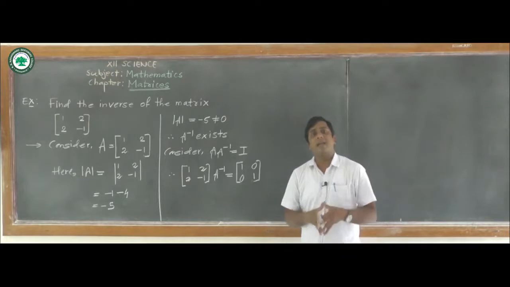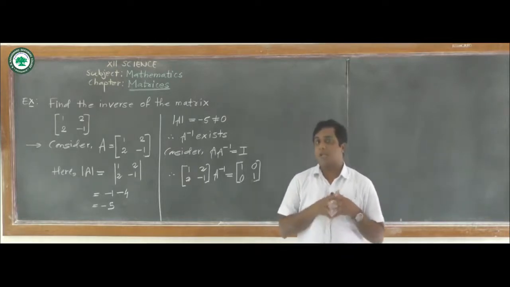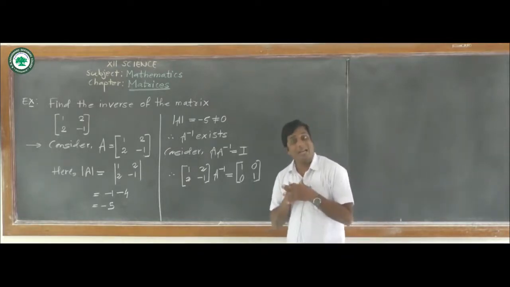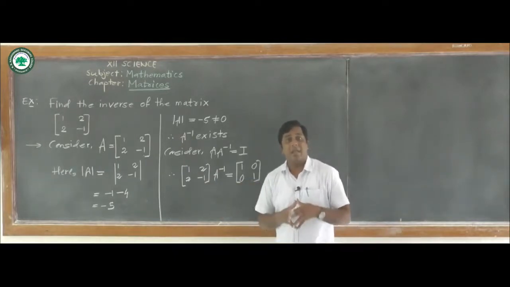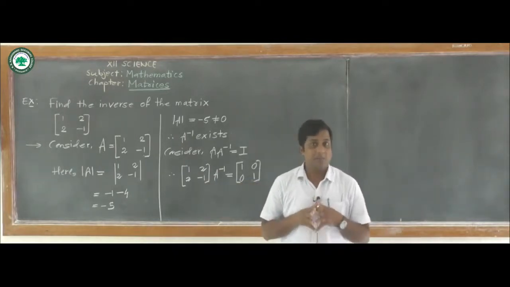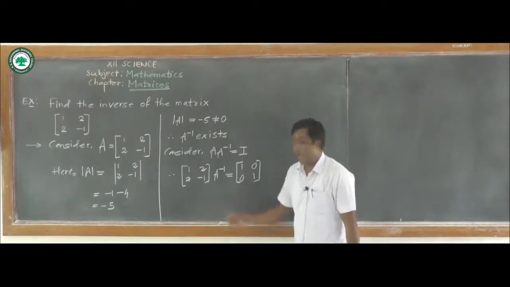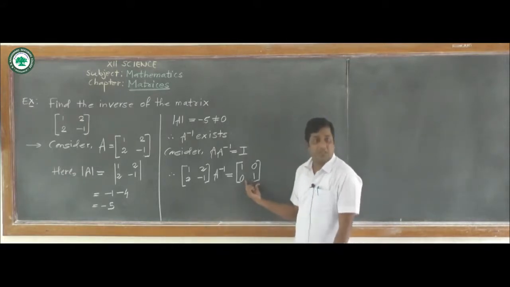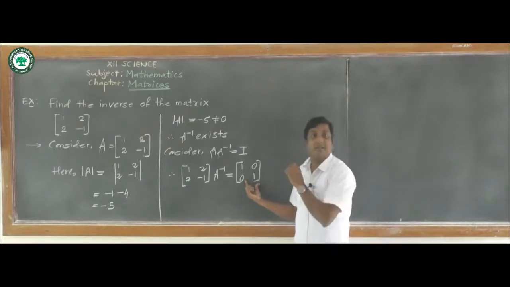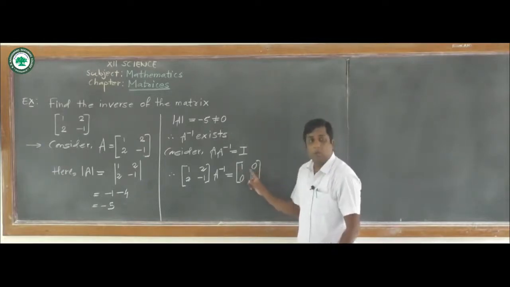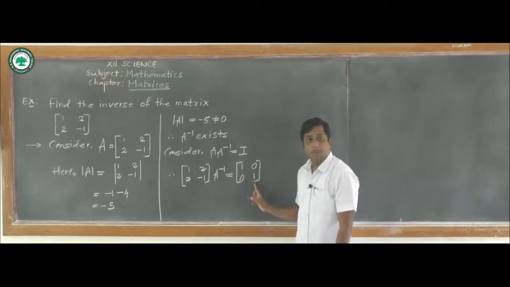Now to find the inverse by using the row transformation, here we reduce this matrix A into the identity matrix, like this, and RHS having elements here 1, 0 and 0, 1.